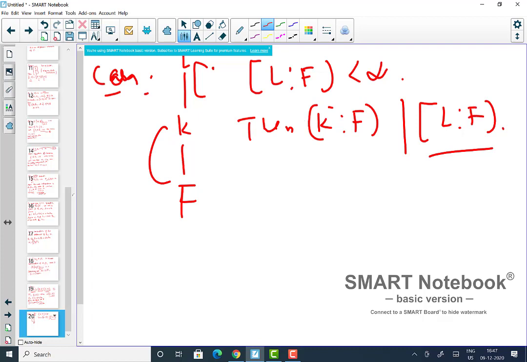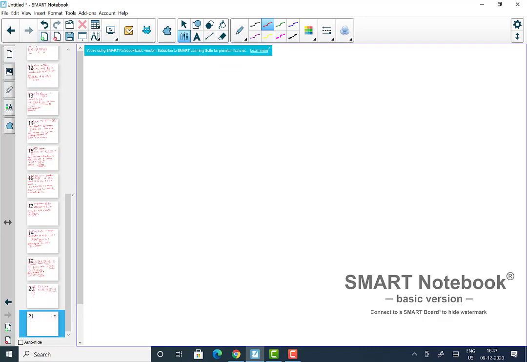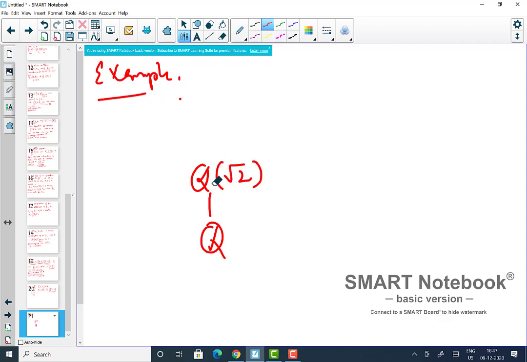Okay, so maybe I can give some example here. So suppose I have Q, and then say Q(root 2). Okay.